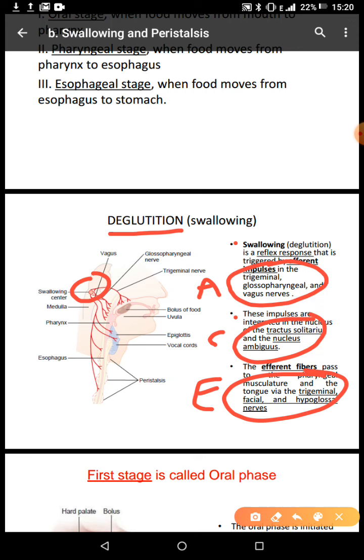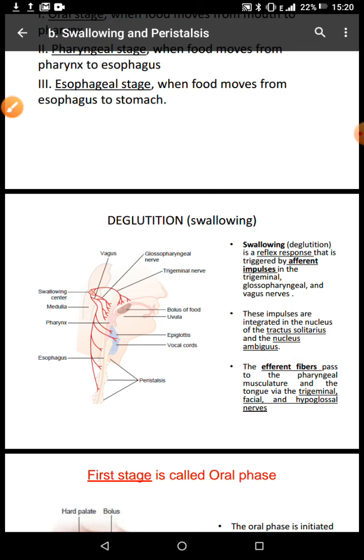Because for swallowing to take place, there should be muscle contraction. Okay, there are muscles of swallowing. We want to discuss those, but there should be muscle contraction. There should also be movement of the tongue, because the tongue is made up of muscles. So these are the components of the swallowing reflex.